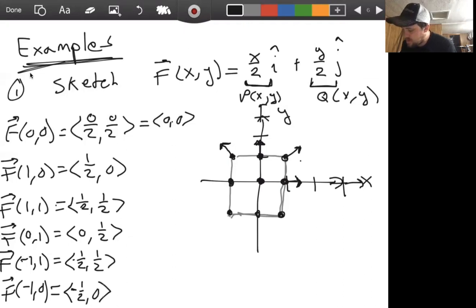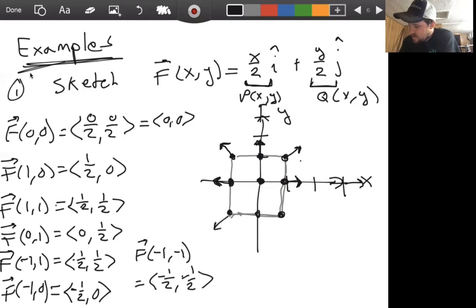And so one thing I've noticed is that these all point away from the origin, right? And let's do 3 more just to get an idea of these bottom 3 here. Let's do f of the point -1, -1. This is going to be -1/2, comma -1/2.